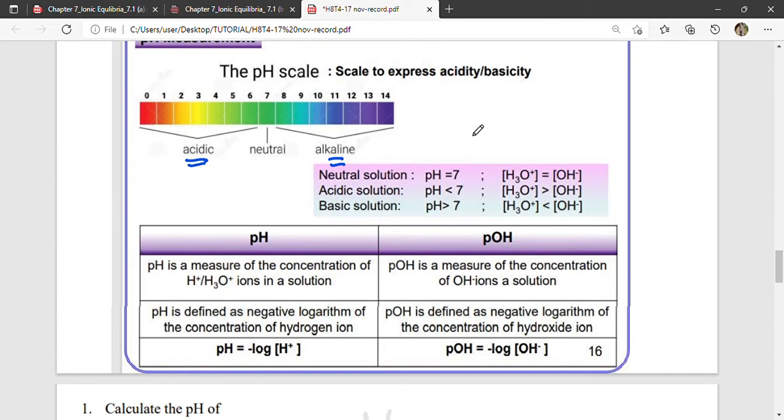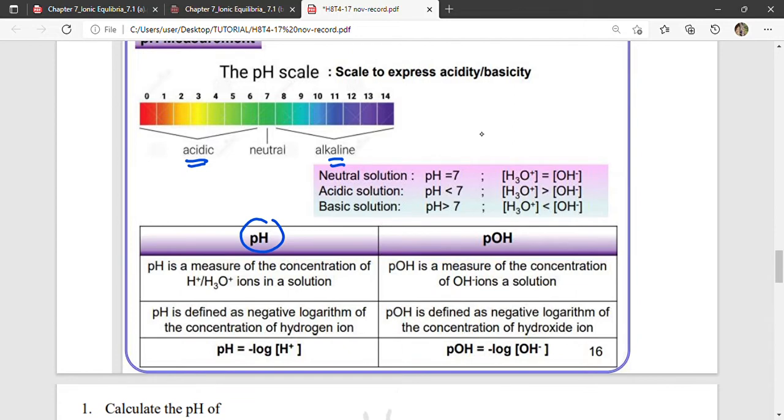So the pH here is the measurement of the acidity of the species or the solution. We measure it with pH. So for an acidic solution, the concentration of H3O plus is greater than the concentration of OH minus.